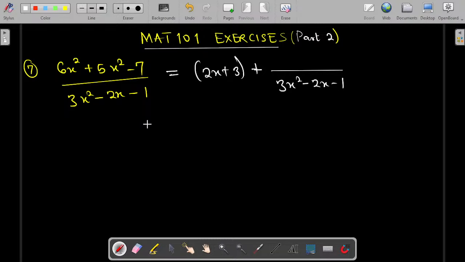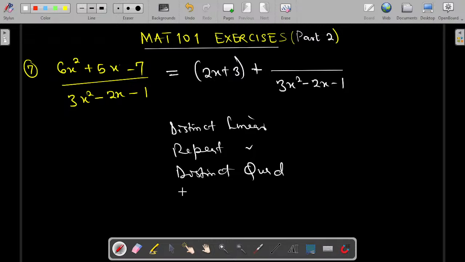When it comes to simplifying or splitting a given fraction into its partial fractions, there are different categories we can have, where in your denominator you have distinct linear, repeated linear, distinct quadratic, and repeated quadratic.